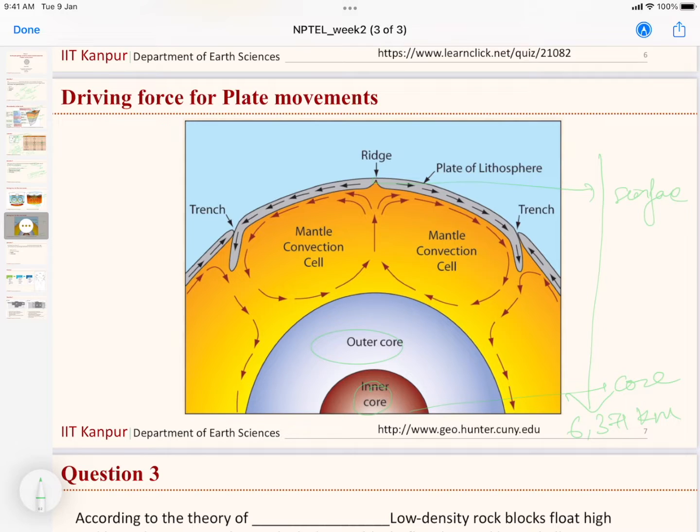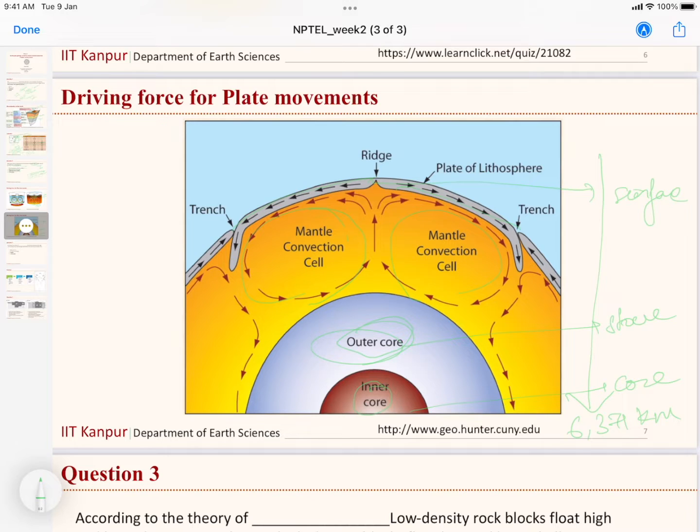At the mantle part, you can see there is a mantle convection cell that is forming due to getting heat from the core. So the outer core is acting like a stove, if I take the inference from the example that I have given earlier, and due to which these plates or the lithospheric slabs are moving, and due to this movement that we call plate tectonics, we see different kinds of landforms on the surface.